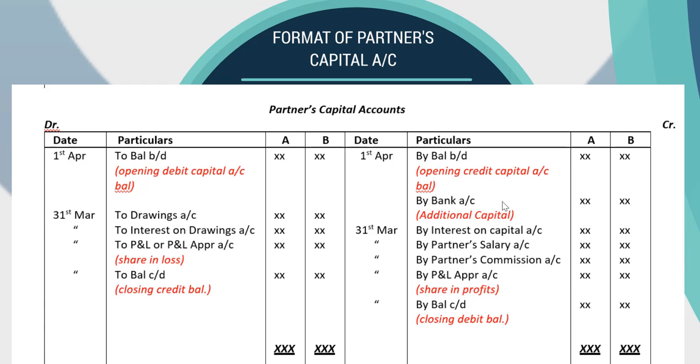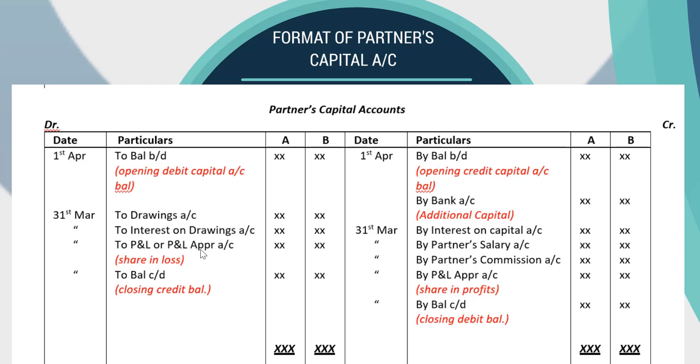Items credited are by bank, by interest on capital, by partner's salary, by partner's commission, and by profit and loss appropriation account for the share in profits. Items debited to the account are to drawings out of profits, interest on drawings, to profit and loss account or profit and loss appropriation account for the share in loss, again depending on whether the loss has been transferred from the profit and loss account itself or from the profit and loss appropriation account.